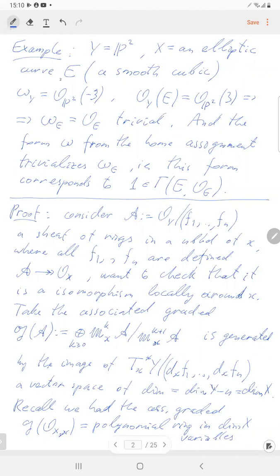Because x was supposed to be smooth. So the Zariski tangent cone is just a vector space, and this associated graded is just a polynomial ring. And also we had this surjection from A to O_X, right? So at the level of associated graded, it's also a surjection.